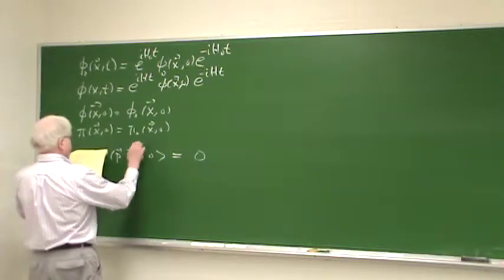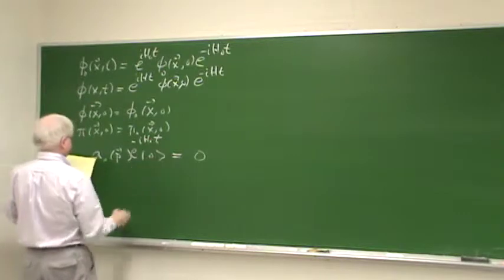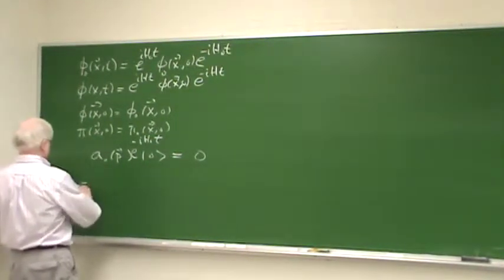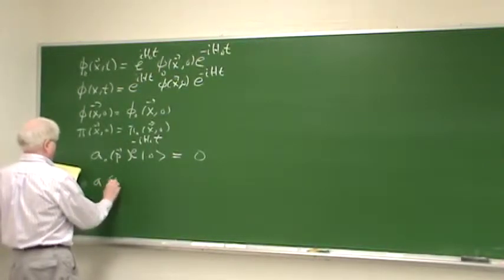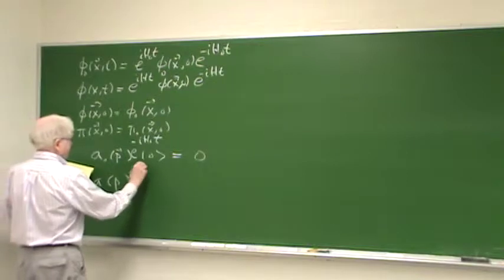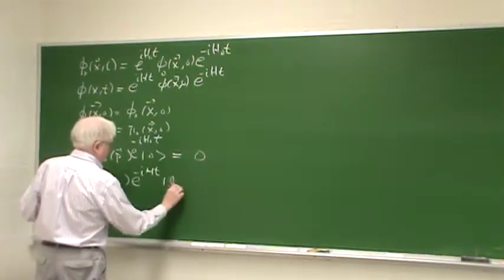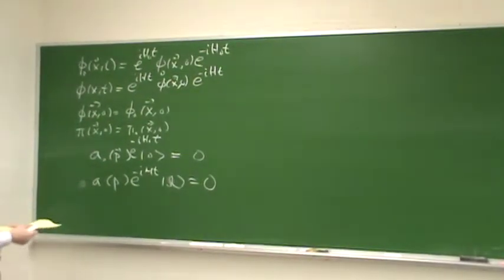We could say e to the minus i H0 t on the free vacuum would be 0, and on the other hand, we could say a of p e to the minus i H t on the fully interacting vacuum is 0.